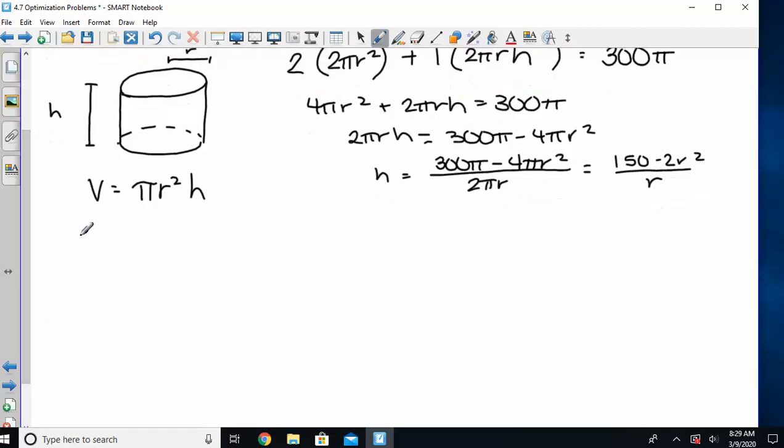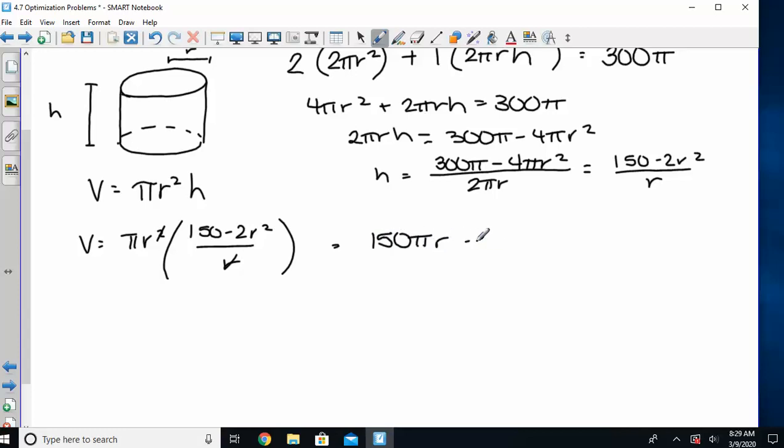So now we can come over to our volume. Pi r squared times the h. Could reduce an r out of everything. So I get 150 pi r minus 2 pi r cubed.